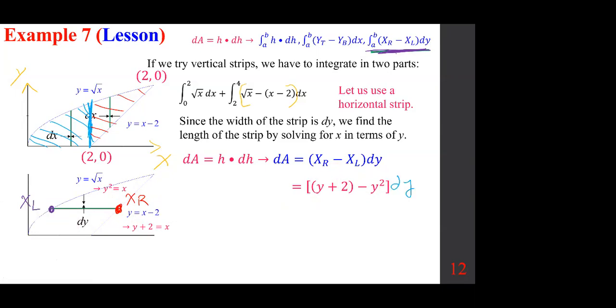Dy is there, okay? And so what you have is the following integral. Okay, everybody? I can't emphasize this enough. And so this is, I'm assuming, a simple integration you all can handle.